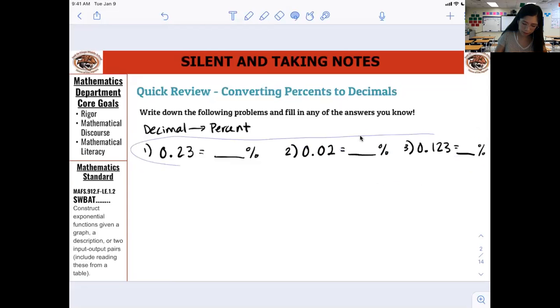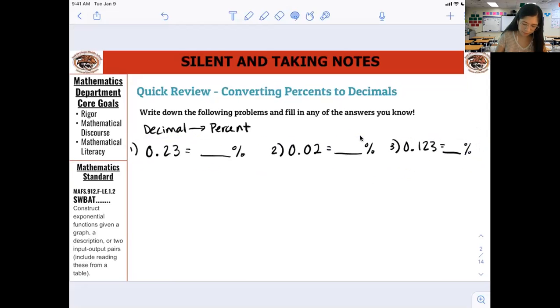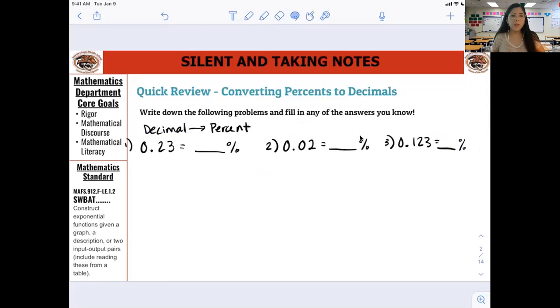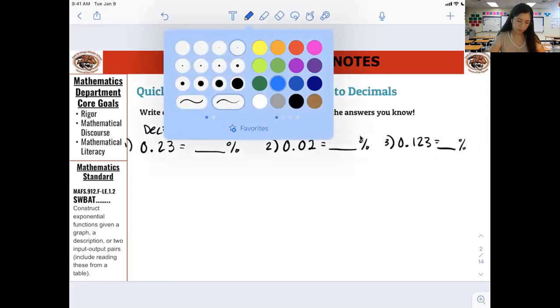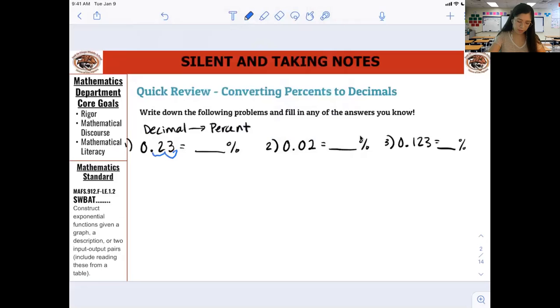Let me try to move them over so I have more space. There we go. What is 0.23 as a percent? 23%. We take that decimal 2 steps to the right. What's 0.02 as a percentage? 2%.